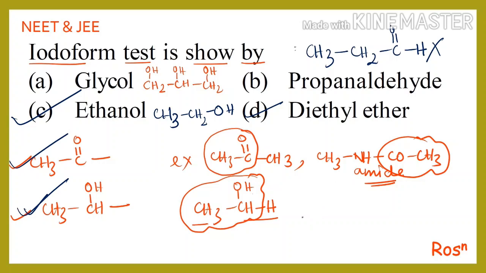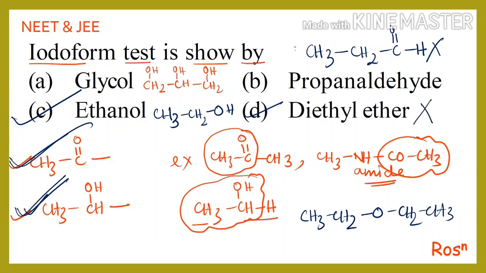Diethyl ether means CH3CH2OCH2CH3. Here also the group is absent, so it also does not give the iodoform reaction. So which gives the iodoform reaction? Option C, that means ethanol. So the right answer is ethanol.